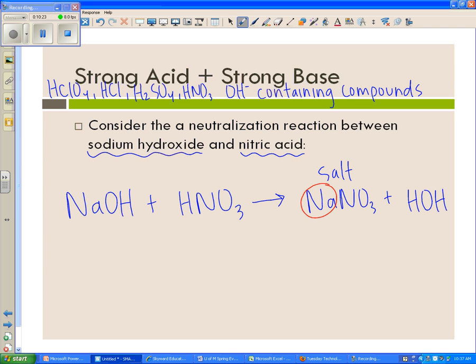The cation in this salt is a conjugate acid. The sodium comes from sodium hydroxide. This is a strong base, which makes this a weak conjugate acid.